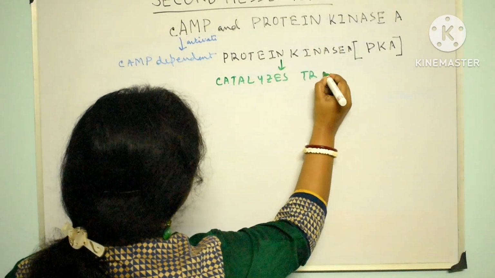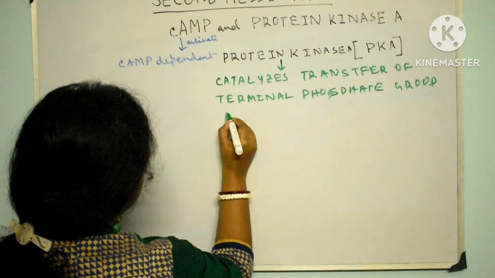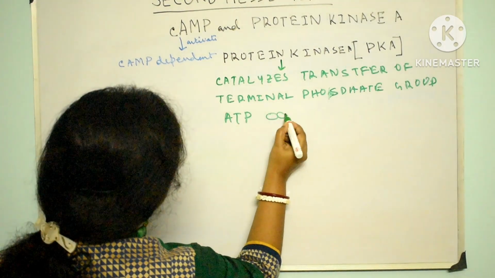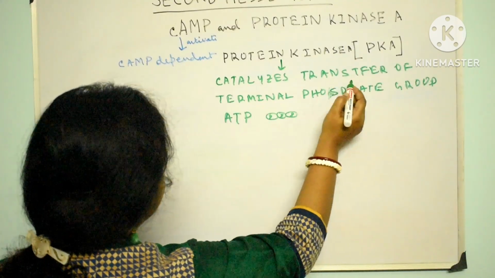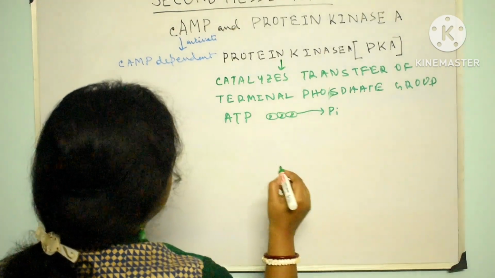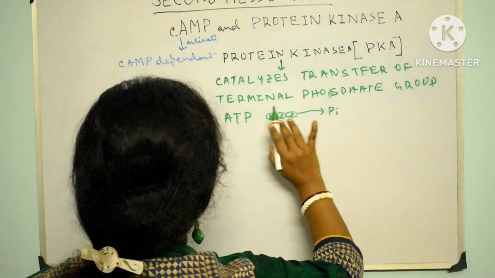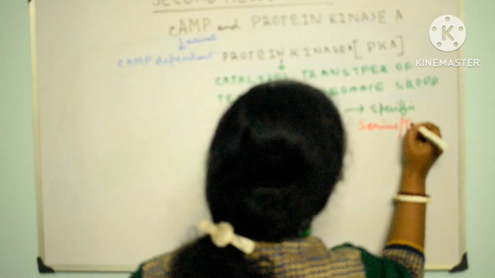Protein kinase A catalyzes the transfer of the terminal phosphate group from ATP. We all know that ATP has three phosphates, and this one is the terminal phosphate group. The transfer of this phosphate group is done by protein kinase A. It will go to specific serine or threonine.